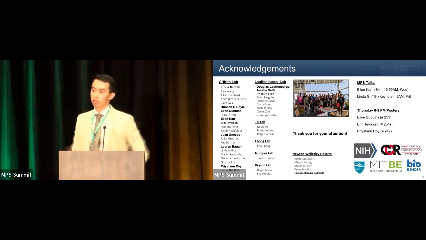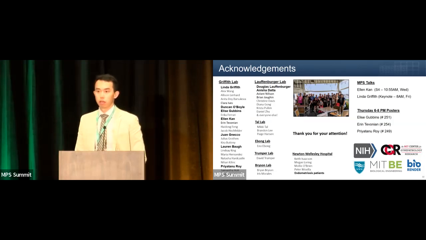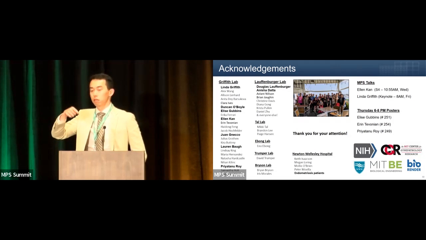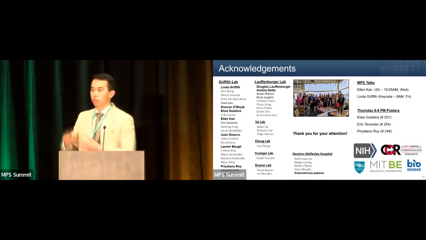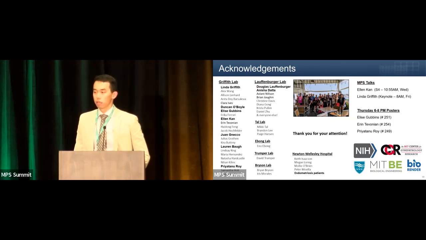But that's a good question for sure. In the secretory condition, with the added MPA, they do decidualize, but we haven't done a temporal characterization of estrogen only.